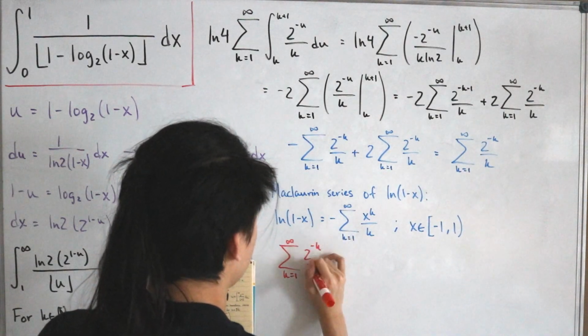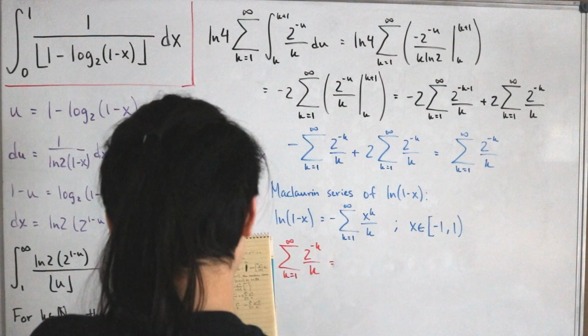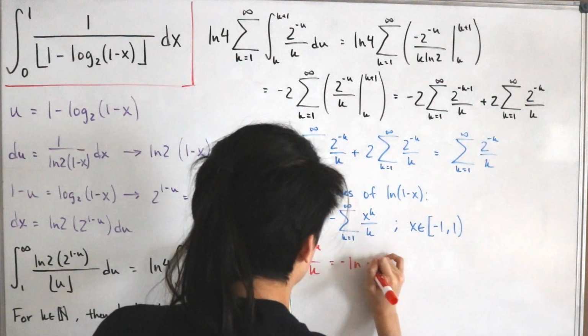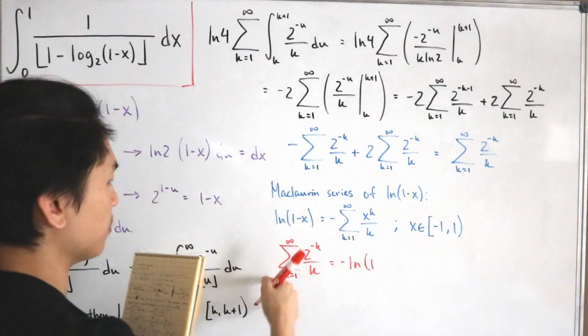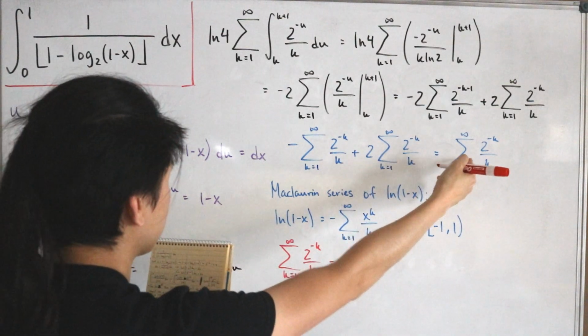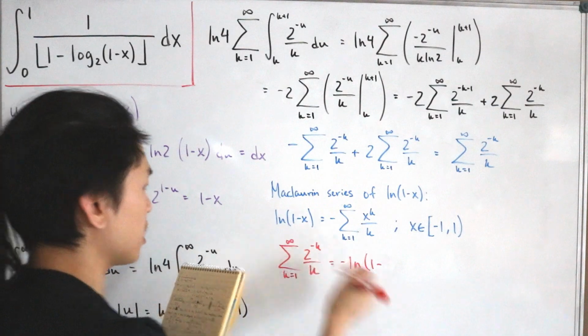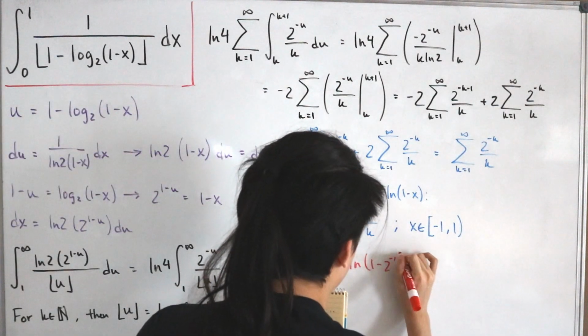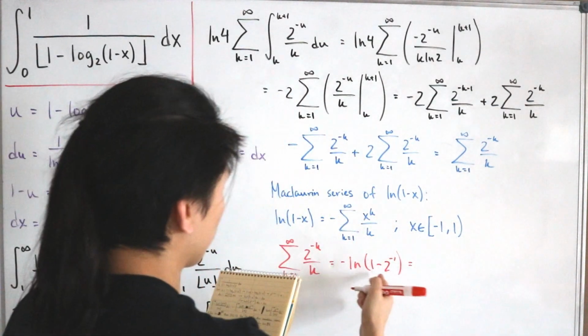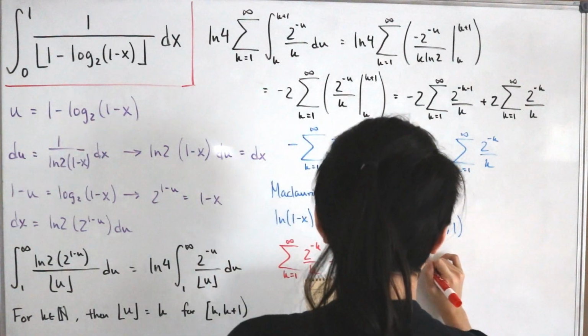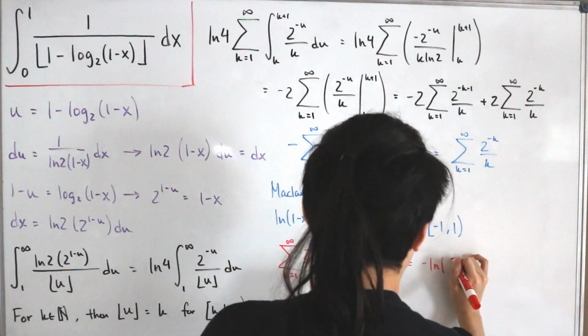2 to the negative k divided by k, which is equal to just negative ln of 1. So it's basically because that's negative, just divide negative, and then we get that same equality from here. Then subtract our x input, in this case 2 to the negative 1, or 1/2. Then in other words, this is just 1 minus 1/2, which is negative ln of 1/2.